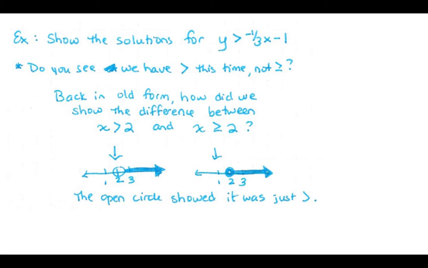It was an open circle, kind of like an imaginary circle. When it said greater than or equal to, we colored it in. So the open circle showed it was just greater than. Well, on our two-dimensional graph, we're not using circles. We're using lines. So how do you think we're going to show an open line?